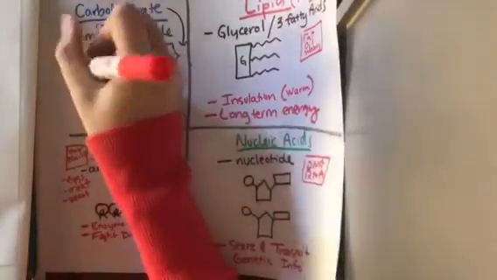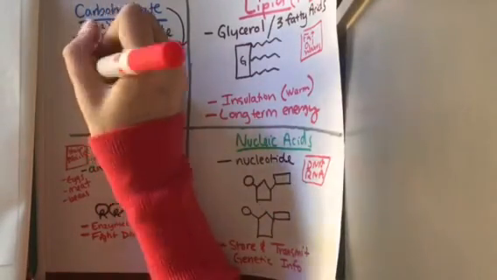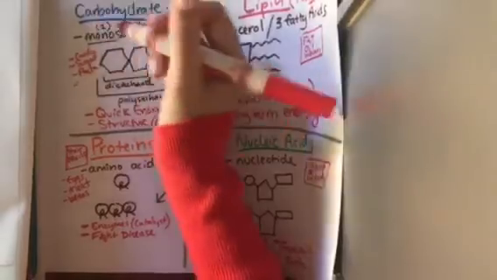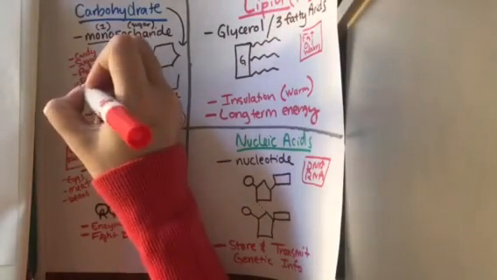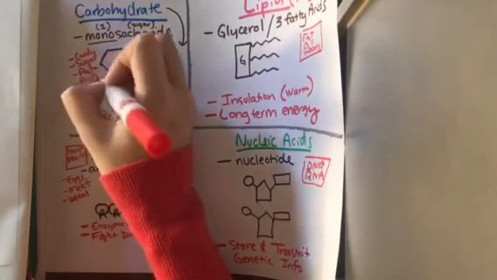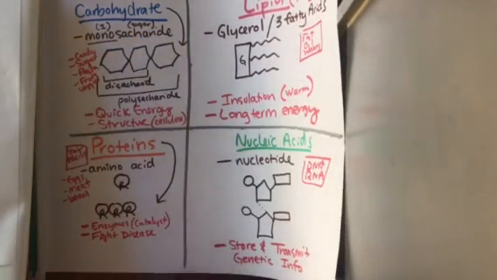It's going to give you quick energy. Also pasta, and then veggies. So fruits and veggies. These actually go in that carbohydrate section as well. Okay, and now we are done with our brief overview of the 4 macromolecules.